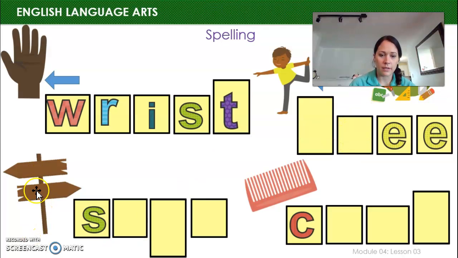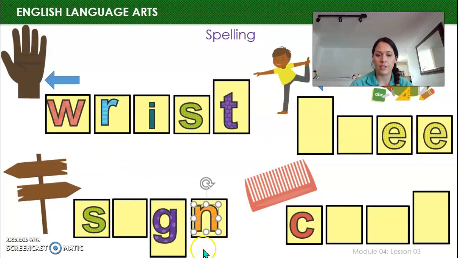All right, down here we have a sign. Do you remember what two letters went together and had one silent letter and then we just heard N? All right, I hope you remembered that it was G and N that says N with the silent G. Now the letter we would be missing before that would be what? I. Hopefully you heard that long vowel I. Good.